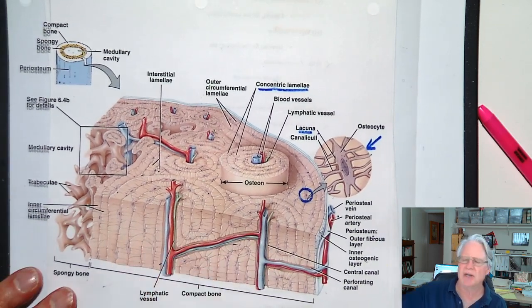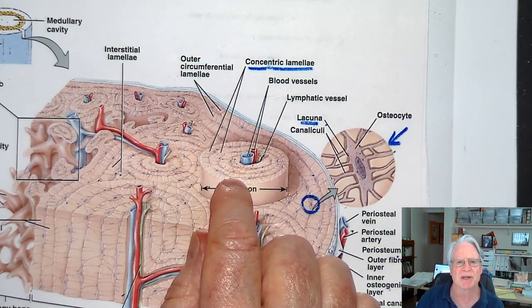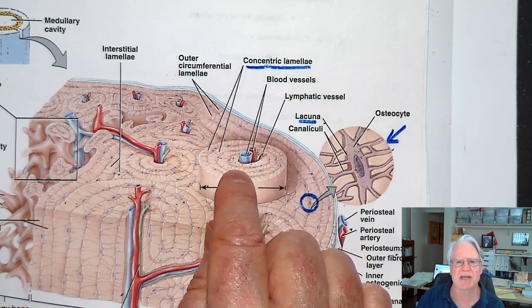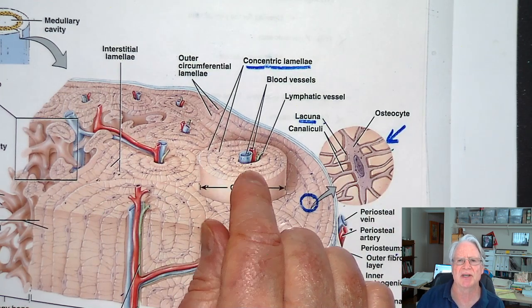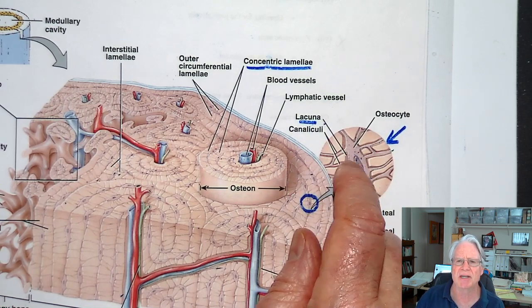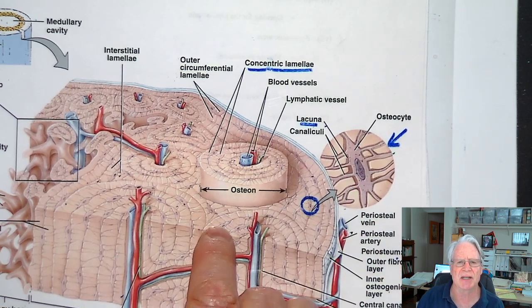The cell arrangement in the osteon is the osteocyte, which is contained within little spaces called lacunae. Then we get these small canals, canaliculi, that extend out and connect one cell with another.